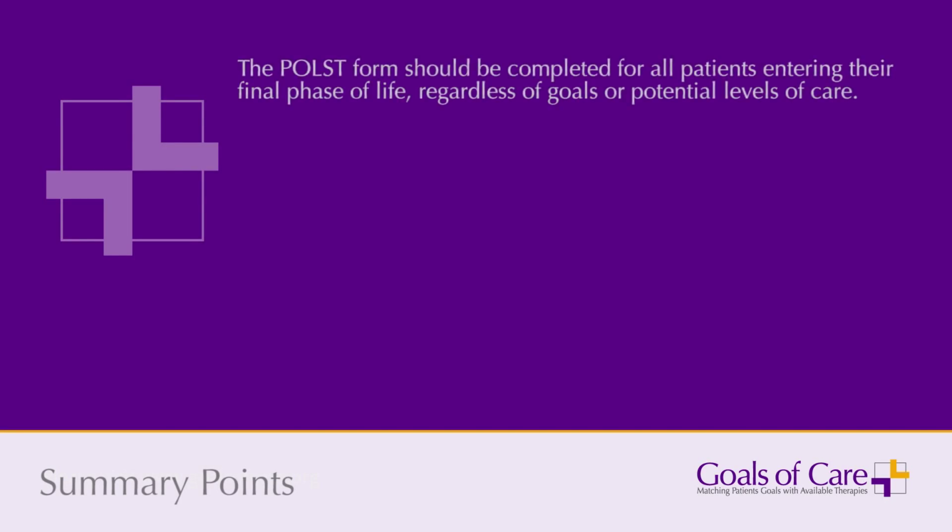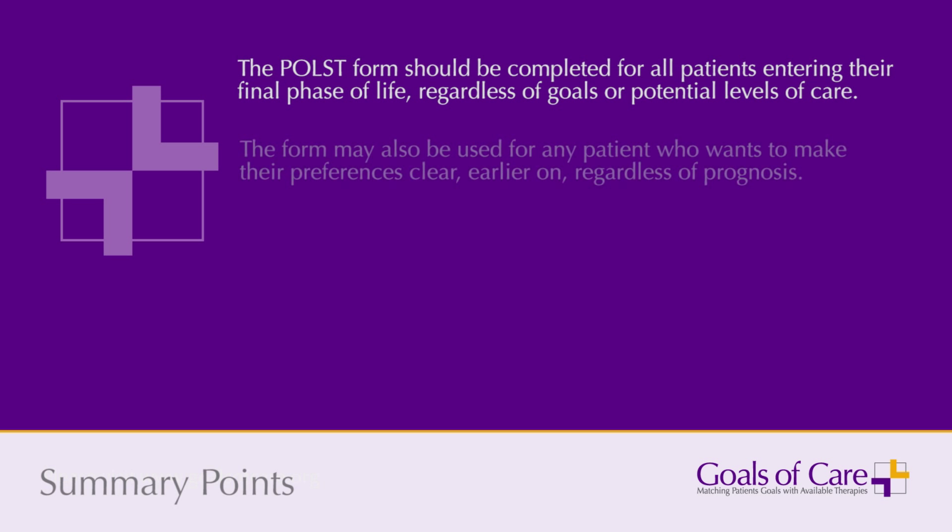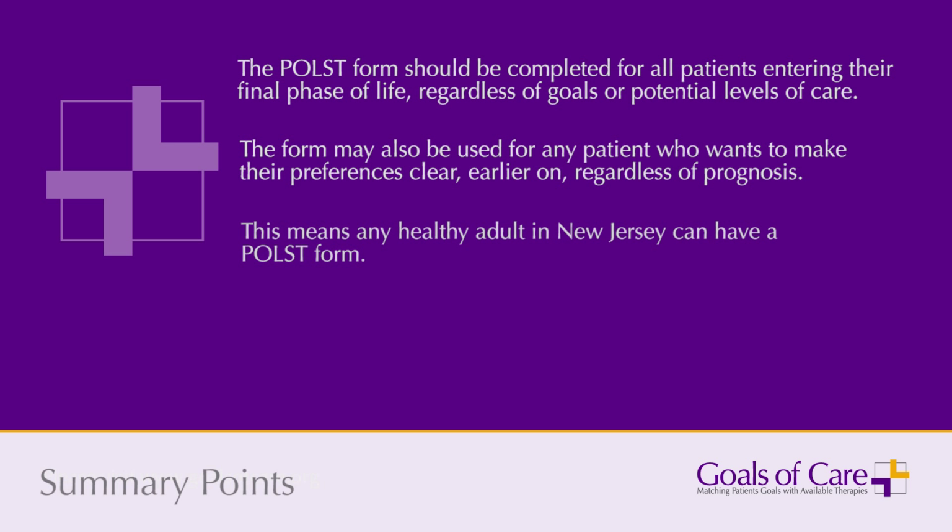Let me leave you with some summary points regarding the New Jersey POLST form. The POLST form should be completed for all patients entering their final phase of life, regardless of goals or potential levels of care. The form may also be used for any patient who wants to make their preferences clear earlier on, regardless of prognosis. This means that any healthy adult in New Jersey can have a POLST form.